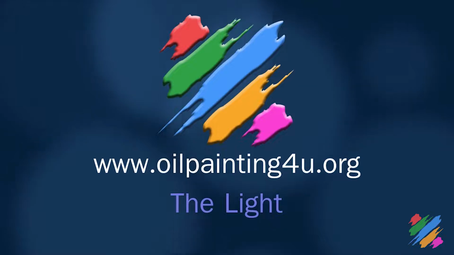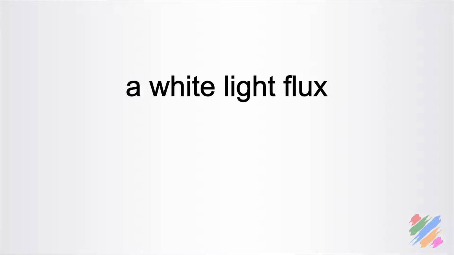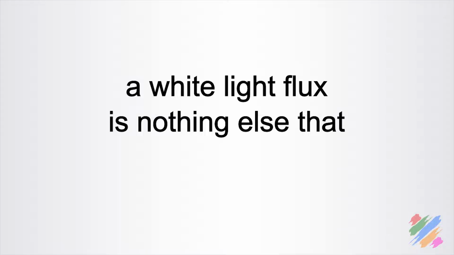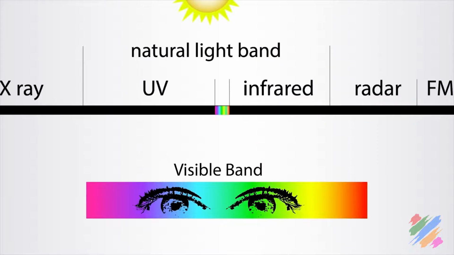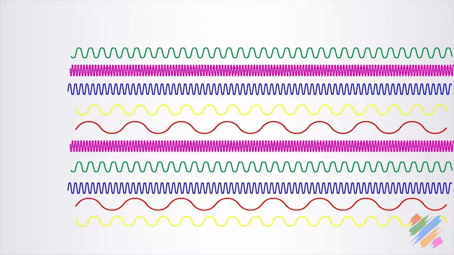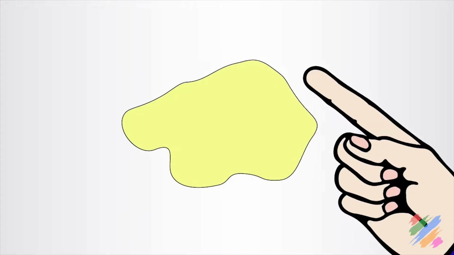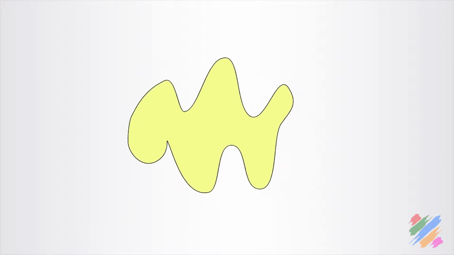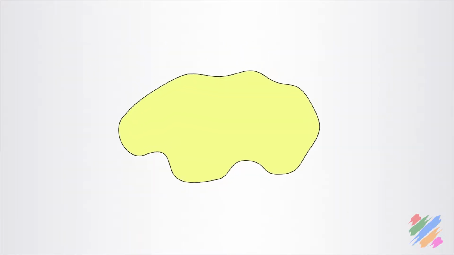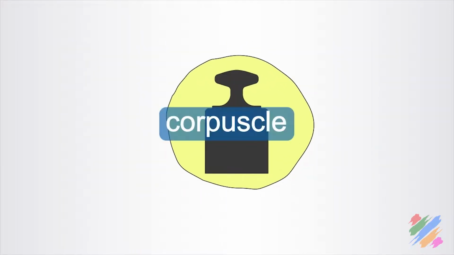If we remember when we talked about light, a white light flux is nothing else than a bunch of photons that belong to the visible band, and they all travel in the same direction. We have also seen that according to how we tickle them, they react sometimes as a wave and sometimes as a corpuscle.